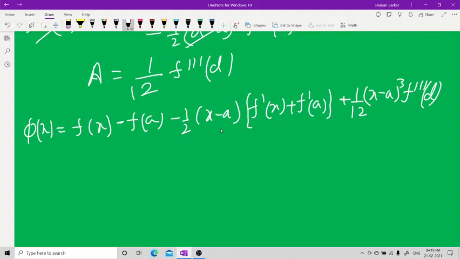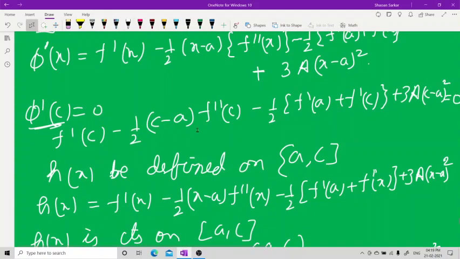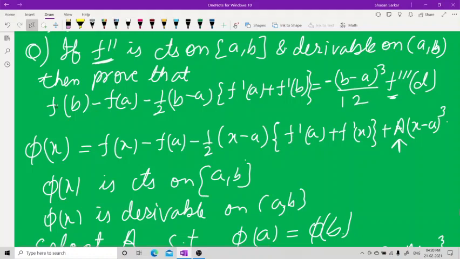This is the thing, and we already know here that phi(b) is 0.